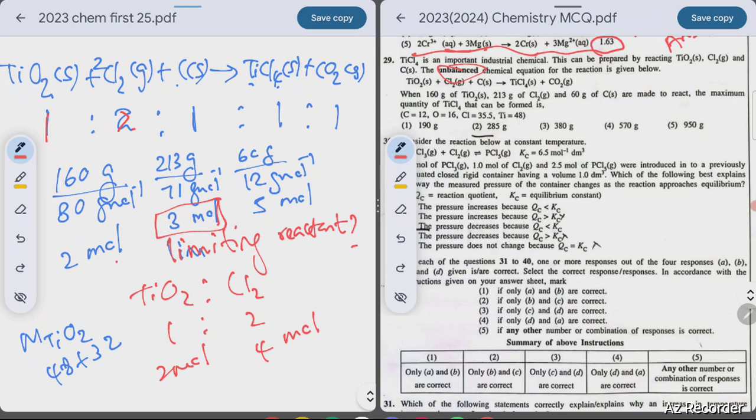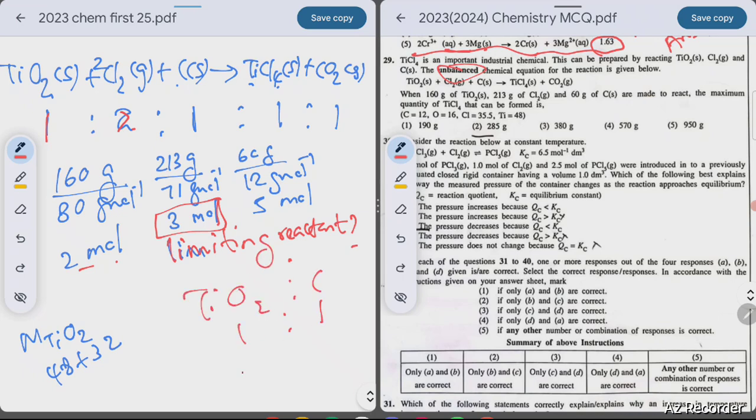Now what about carbon? TiO2 to carbon is 1 to 1. So if it is 2, this also should be 2. But here you have 5 moles of carbon, so it is present in excess. Therefore carbon is not the limiting reactant. Therefore the limiting reactant is chlorine.